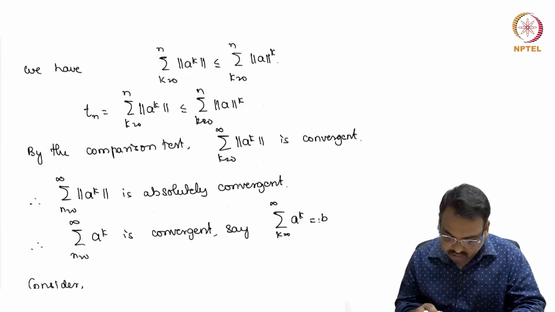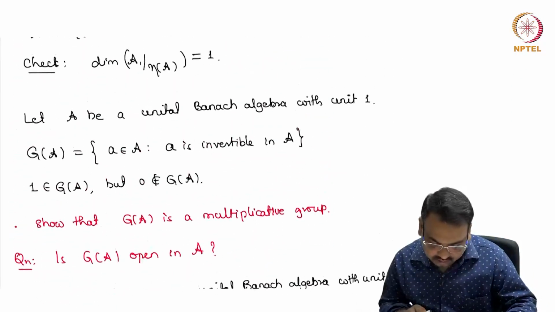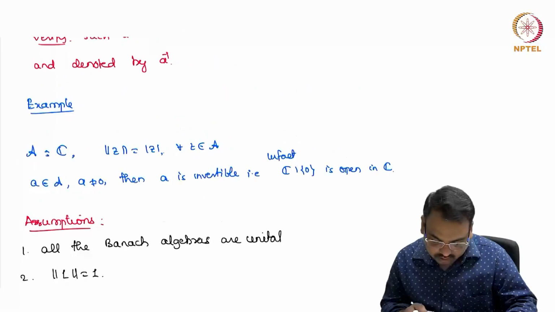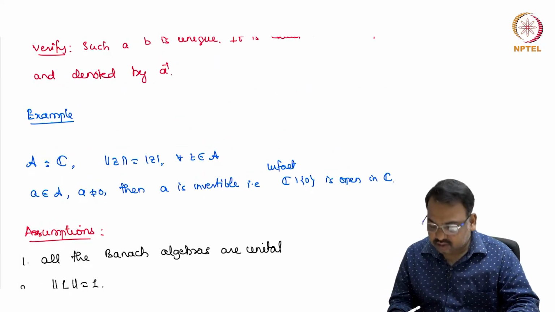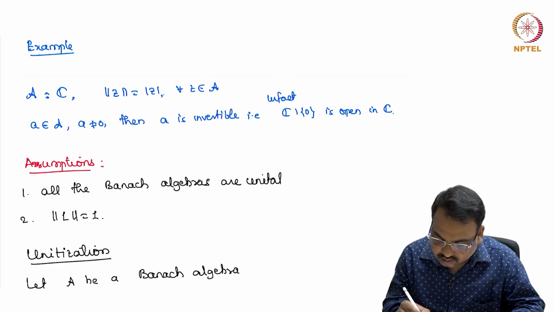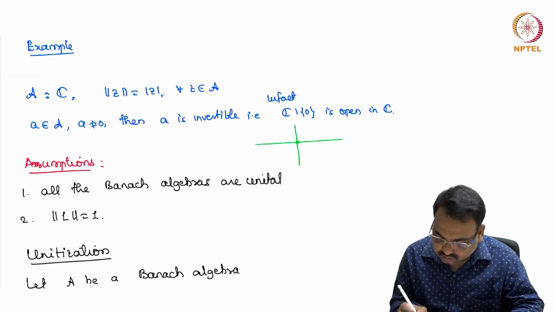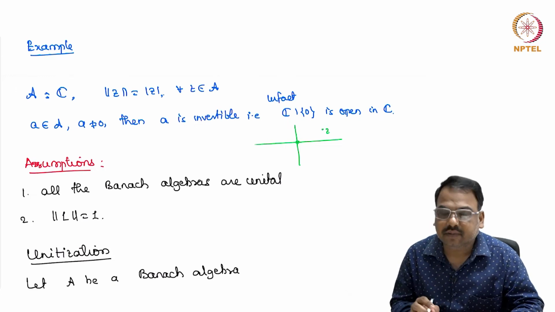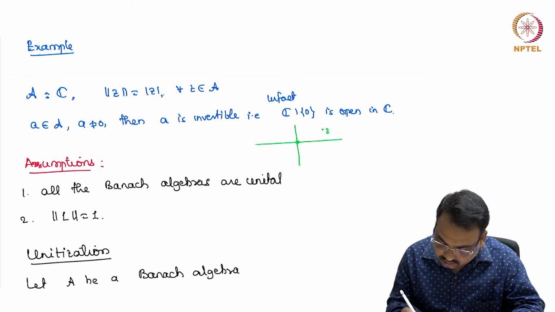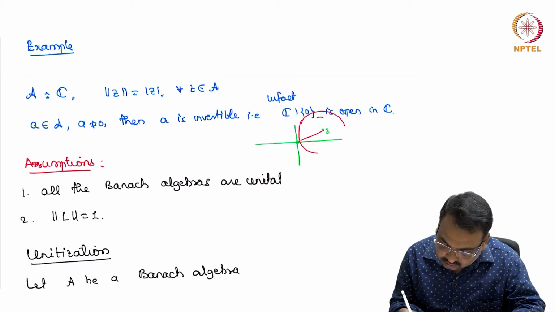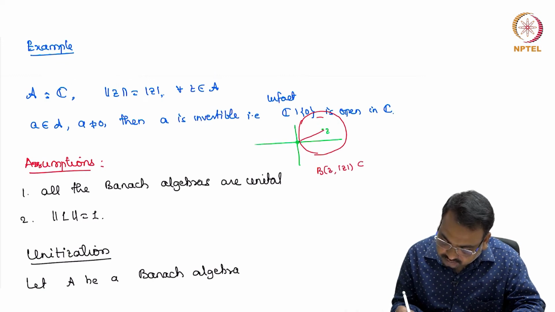Now let us try to look at this result in the complex plane. We have shown that the set of all non-zero complex numbers is open. If I take any complex number Z which is non-zero, look at the ball centered at Z with radius mod Z. This ball is contained in C minus 0.